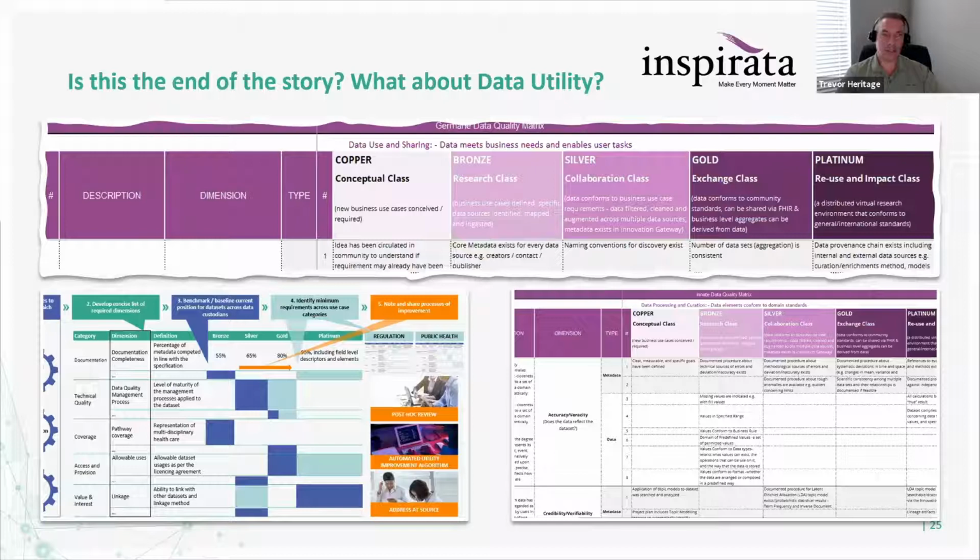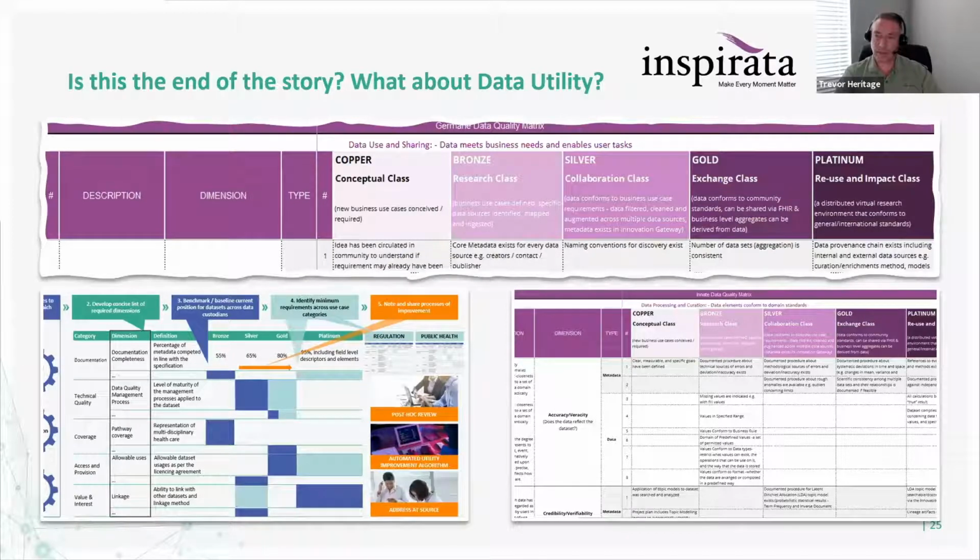I want to briefly touch on some extensions to that work that Inspirata has championed, whereby we assess each aspect of data quality and utility based on both the data as well as the metadata, and we give each dimension a classification: gold, silver, copper, bronze, whatever it is, in terms of its quality as a metric for data utility.